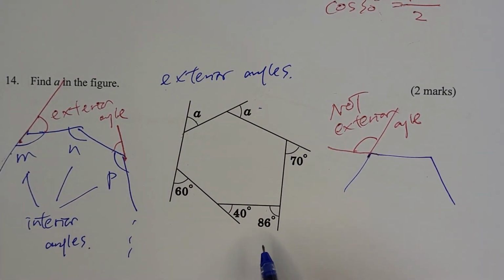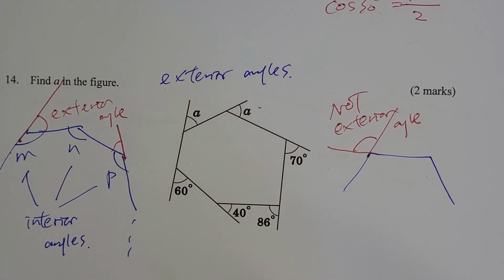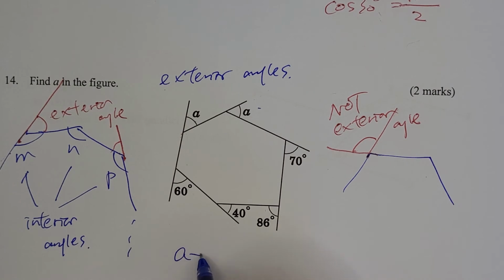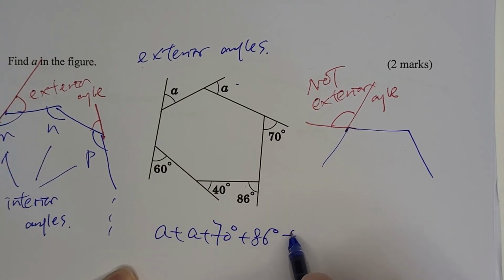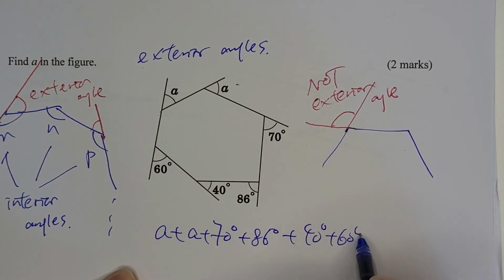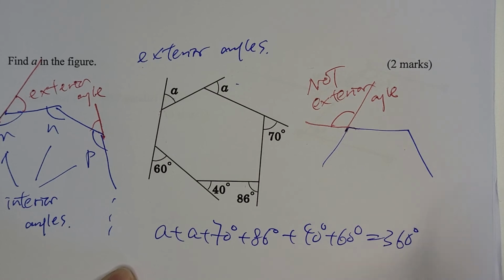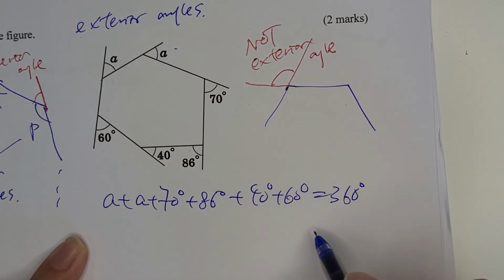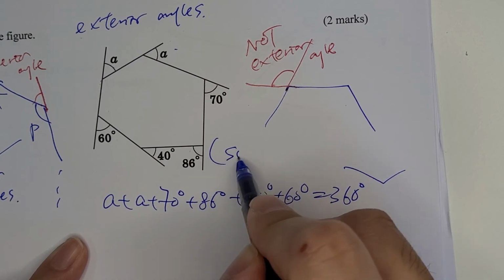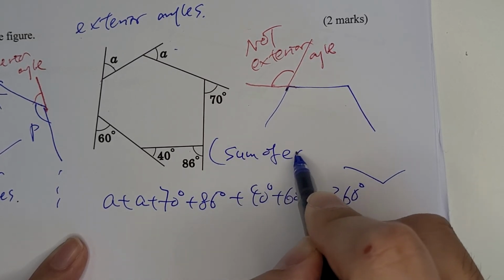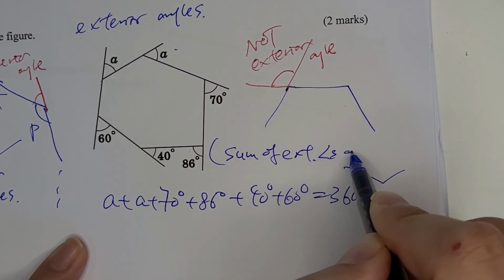And in any polygon, the sum of all exterior angles must be 360. So you can set up the very simple equation. You just add all these angles up, equal to 360 degrees. And the reason, you write it here: sum of exterior angles of polygon.